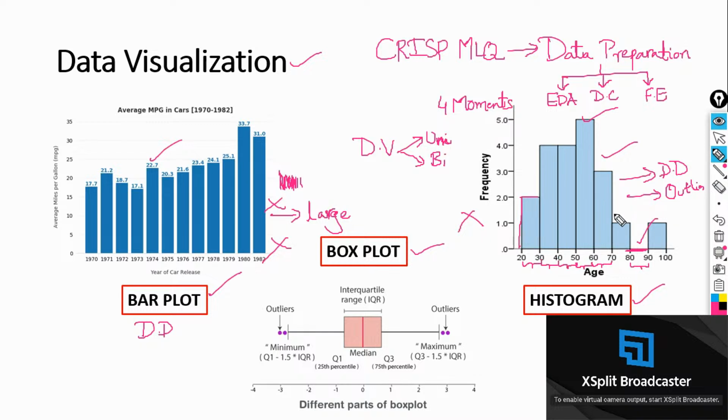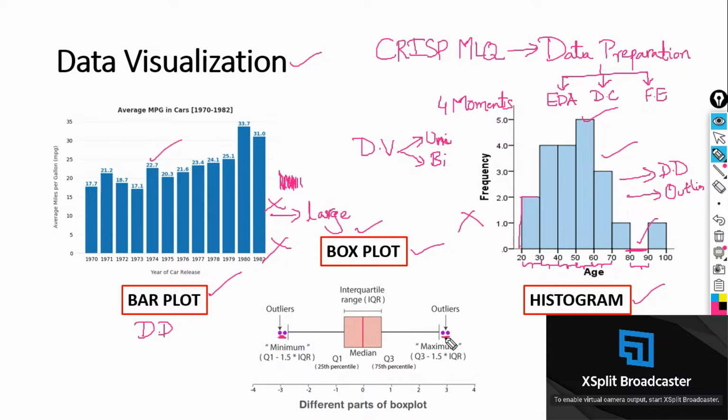In order to make a strong interpretation with respect to extreme values or outliers, we have the one and only plot called the box plot, also called the whisker plot or box and whisker plot. Box plot is the only plot which visualizes outliers.